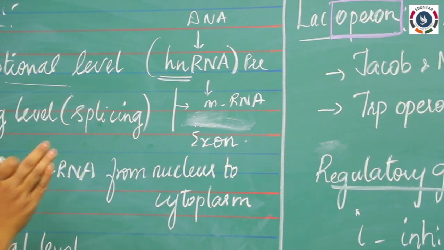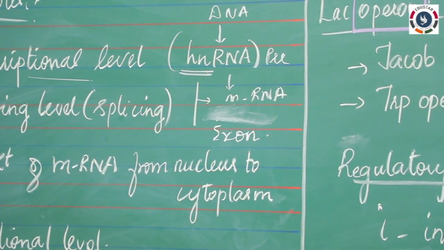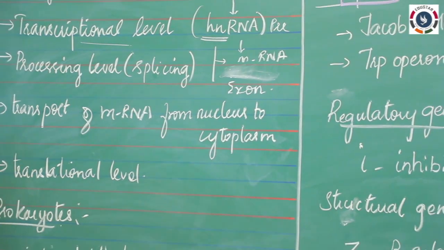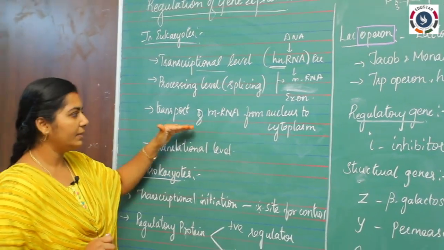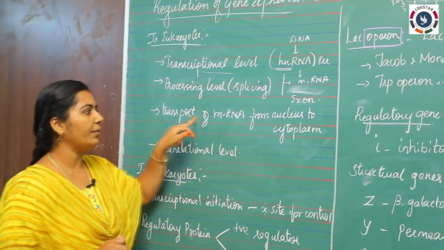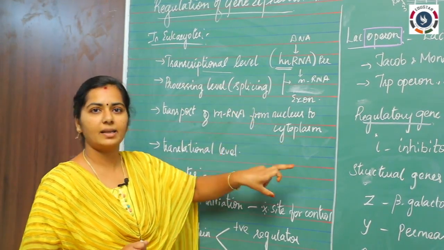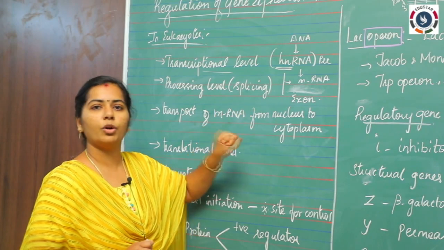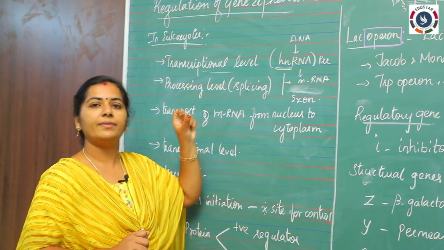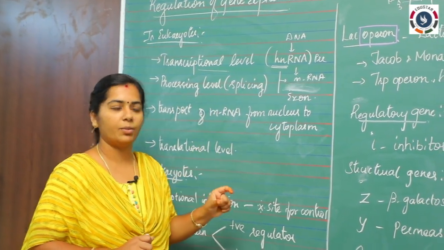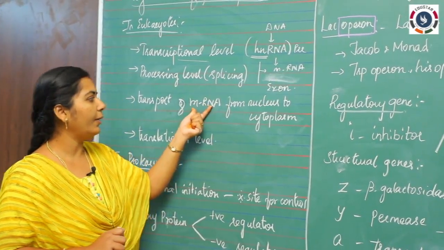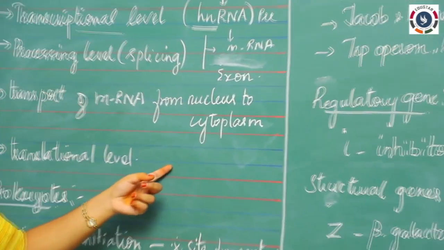This is also one of the regulations because the unwanted regions are removed. And during the transport, that is the transport of mRNA from the nucleus to the cytoplasm for the translation process, this is controlled by some of the genes. Okay, if there is a need for the translation process, then only our mRNA molecule will enter the cytosolic region.